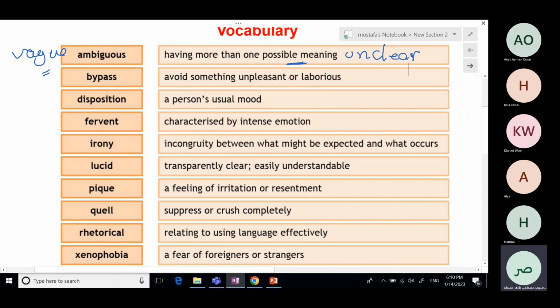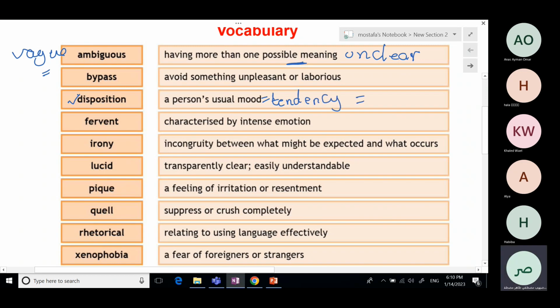Bypass means to avoid something. Avoid, okay? So be away from that. Number 3, disposition means a person's usual mood. Disposition also means tendency.